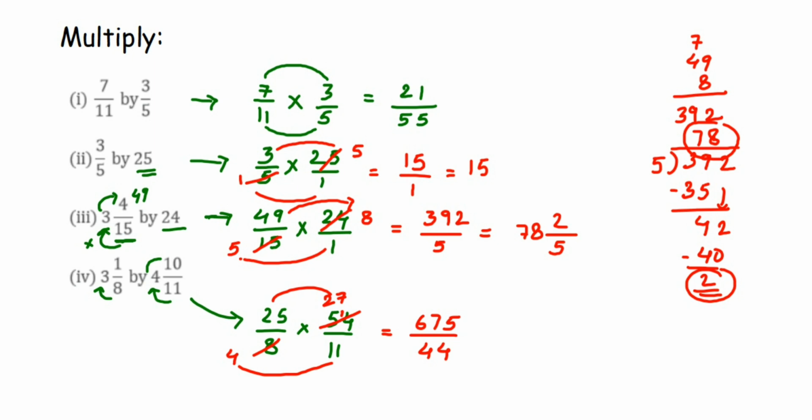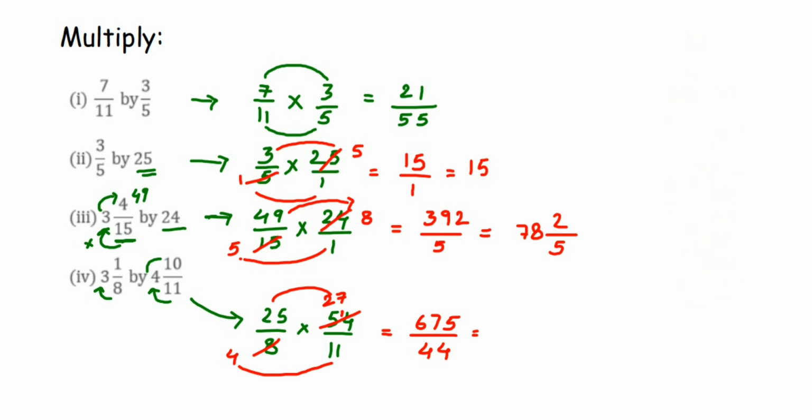So for that we have to divide 675 by 44. So let me erase this part. We're going to divide 675 by 44. So 44 ones are 44, subtract it, we'll get 2 here, and so we get 3 here and 2 here. So drop this 5.